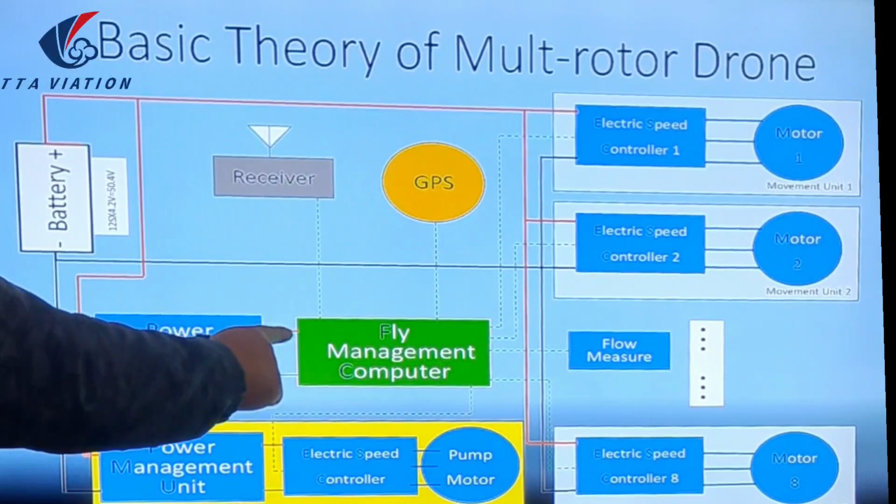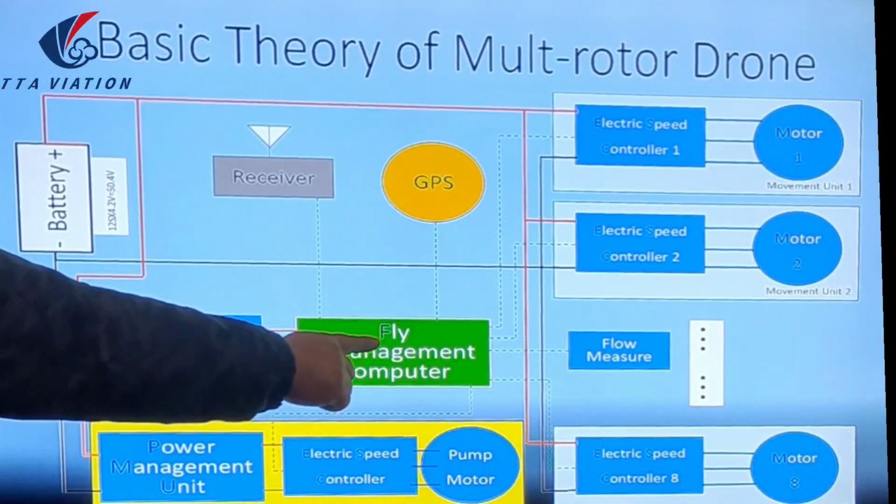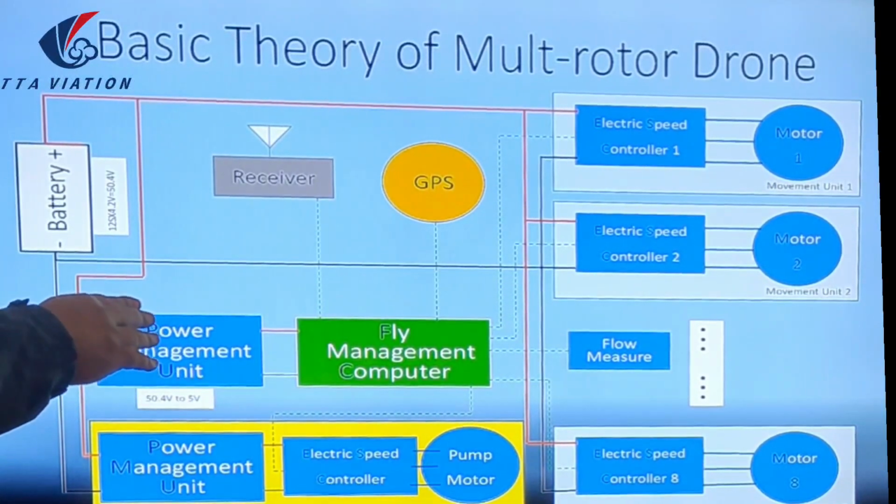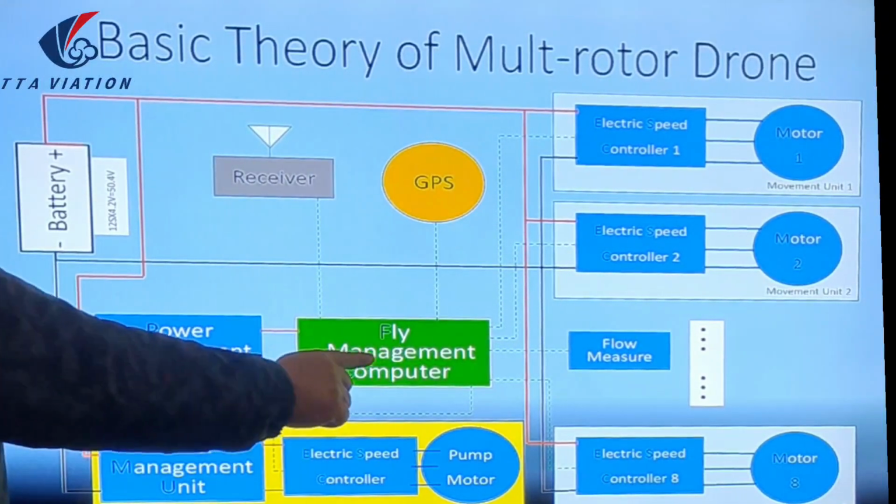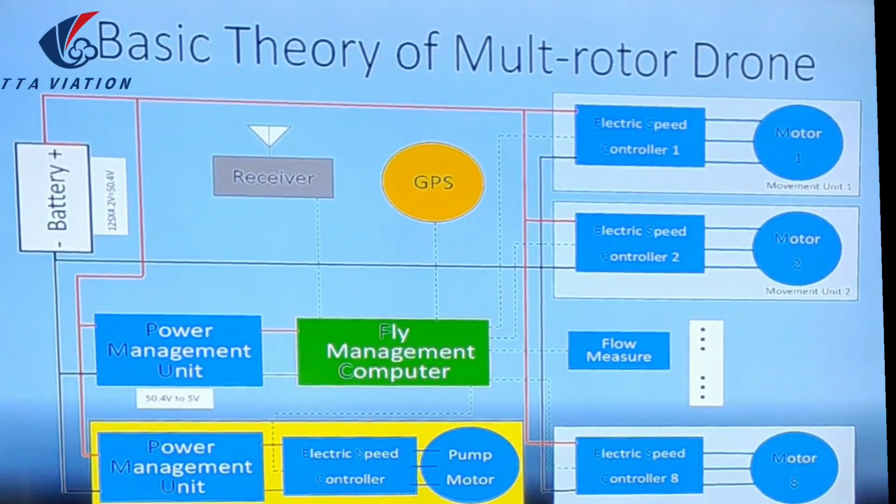And here, this one, I'd like to name it flight management computer, because it's a small computer device.